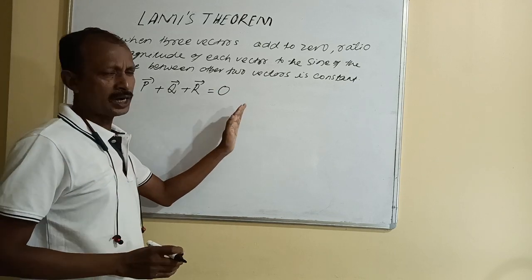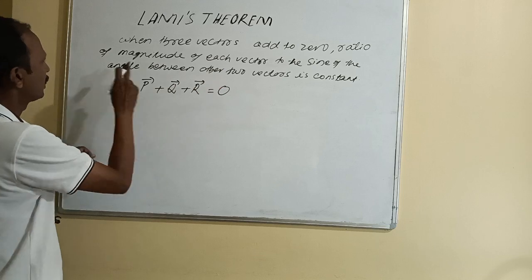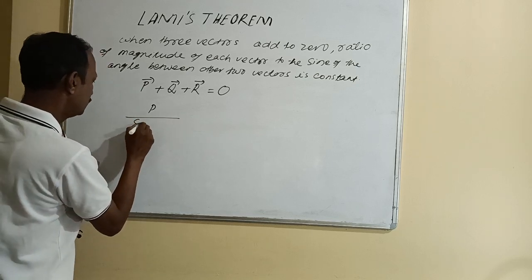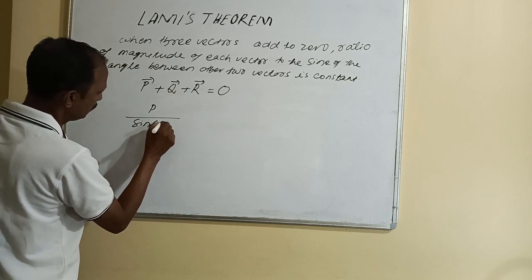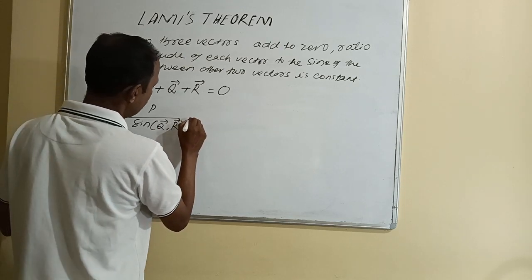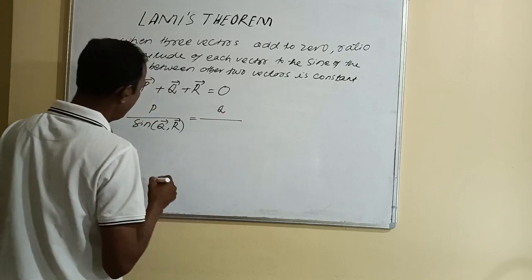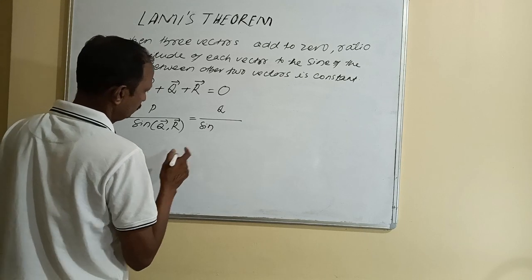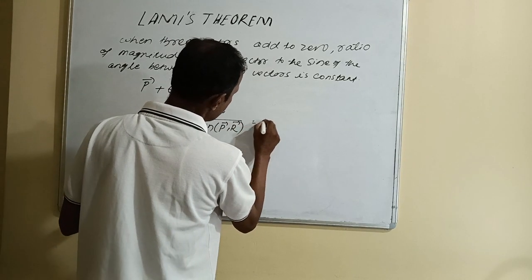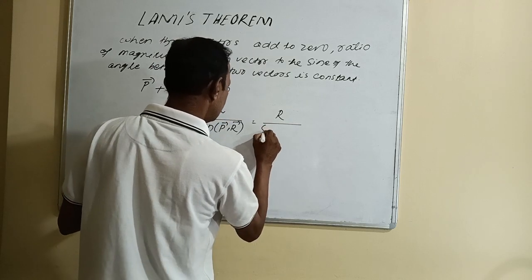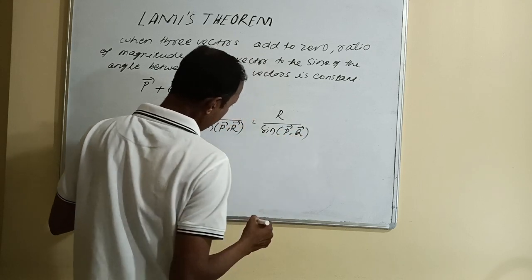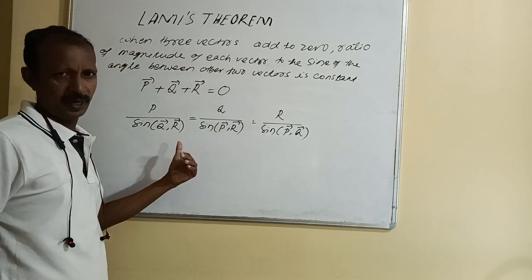When three vectors add to 0, the ratio of magnitude of each vector, this is the magnitude of vector P, to the sine of the angle between the other two vectors, meaning the angle between Q and R. This is also equal to Q upon sine of the angle between P and R, and this is also equal to R upon sine of the angle between vector P and vector Q. This is the statement I have written mathematically.